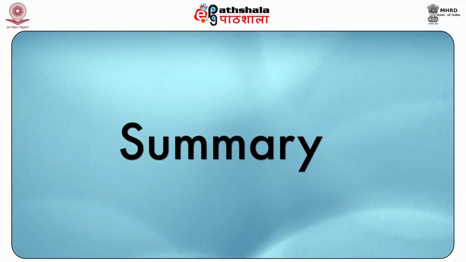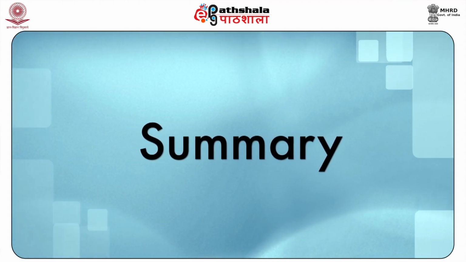Let us now summarize what we have discussed in this module. A statistical hypothesis is a claim about the value of the parameter of interest. Hypothesis testing involves testing two contradictory claims, or statistical hypotheses, regarding the parameter of interest. A null hypothesis, denoted by H0, is the claim initially believed to be true.